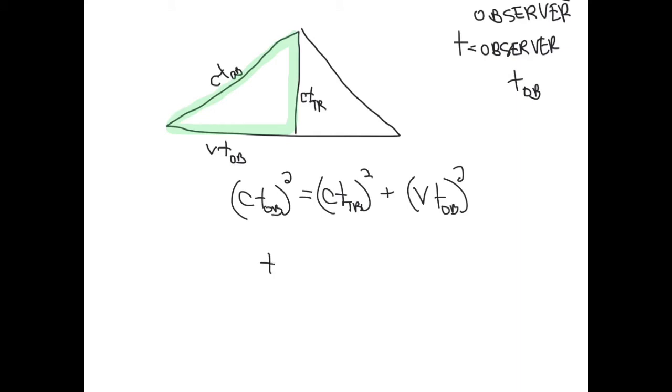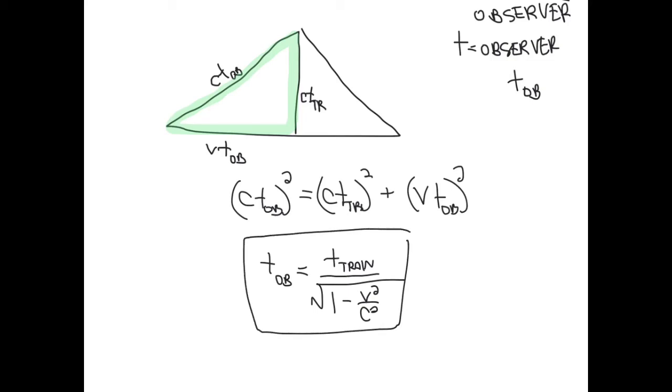And if we just go ahead and do some algebra, we end up with this time dilation formula. So the time that the observer would experience would be the time that the person on the train experiences divided by the square root of 1 minus v squared, that's the speed of the train, over c squared. This is the time dilation formula.